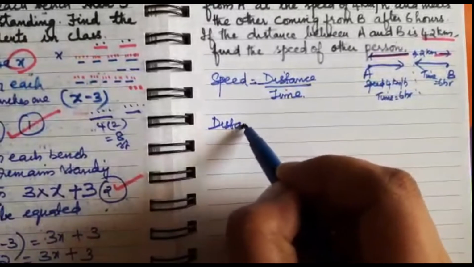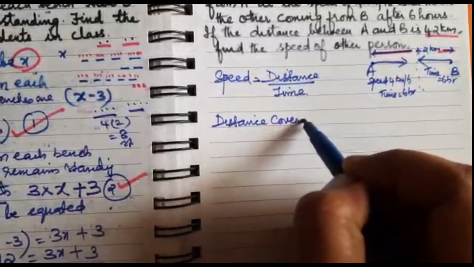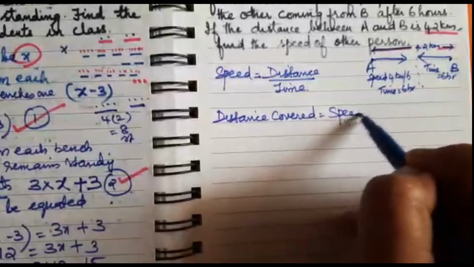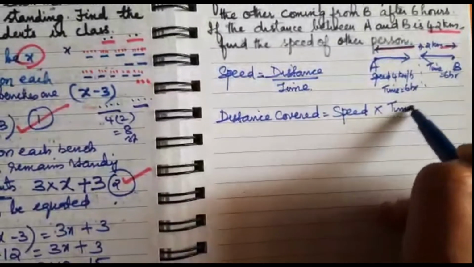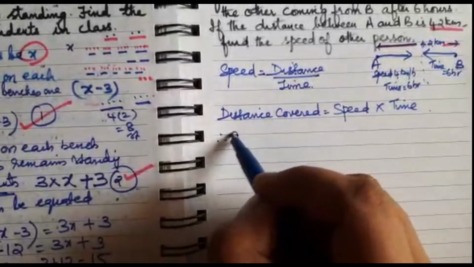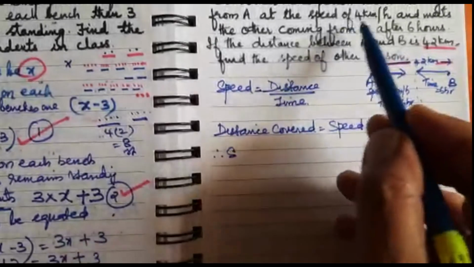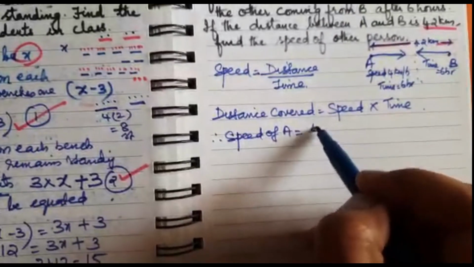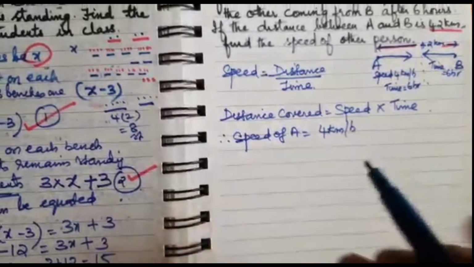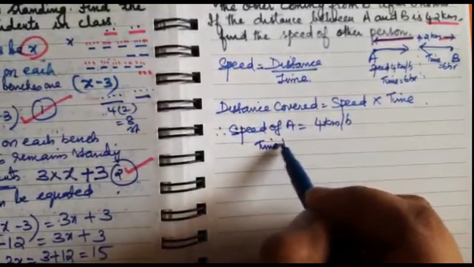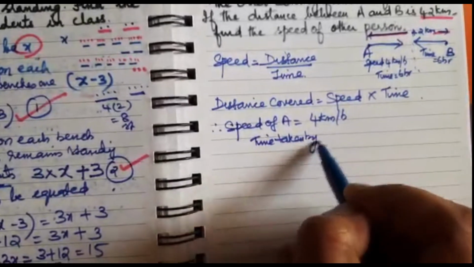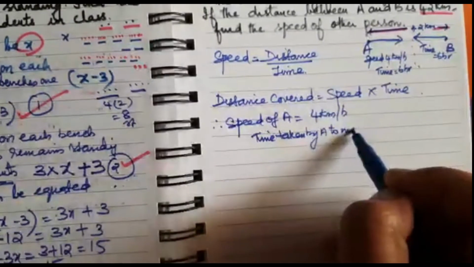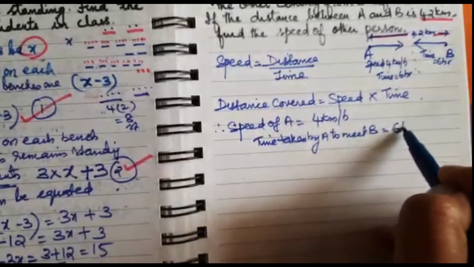So distance covered equals speed into time. Therefore, speed of A is given as 4 km per hour, and time taken by A to meet B is given as 6 hours.